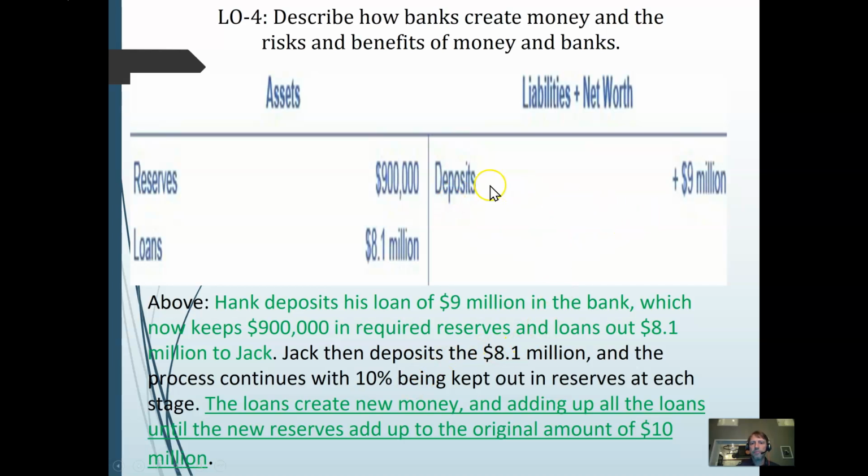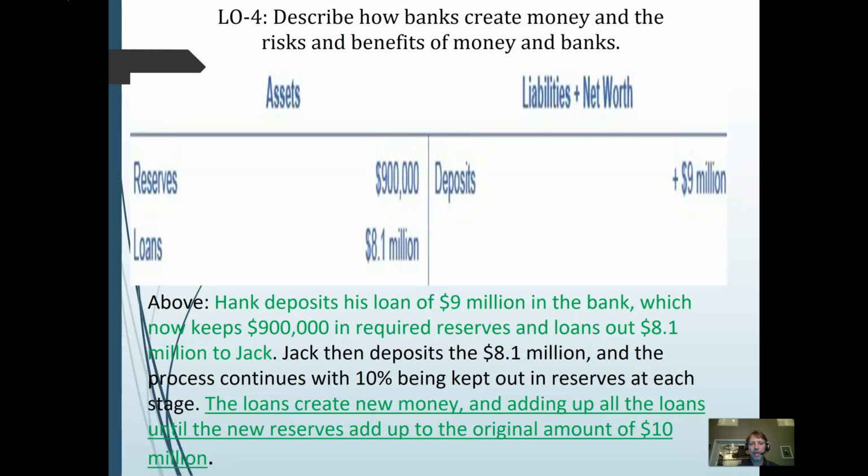Then as they make the loan to Hank's Auto Supply, who then redeposits it in the bank, the bank has to keep 10% of that, or another 900,000 in reserves, but they can loan out another 8.1 million of the $9 million they lent to Hank's Auto. And so you will see that this is called a money multiplier.